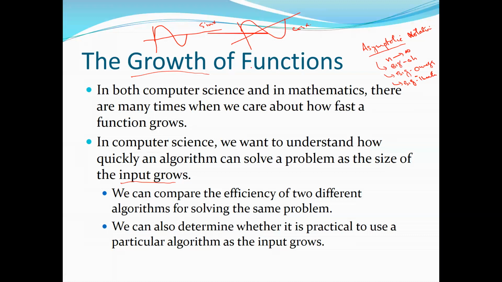And if I ask you to draw the graph of the tangent of x, what is tangent of x? Sine x divided by cos x, right? If you draw the graph, it looks something like this, and for some values it becomes infinite.